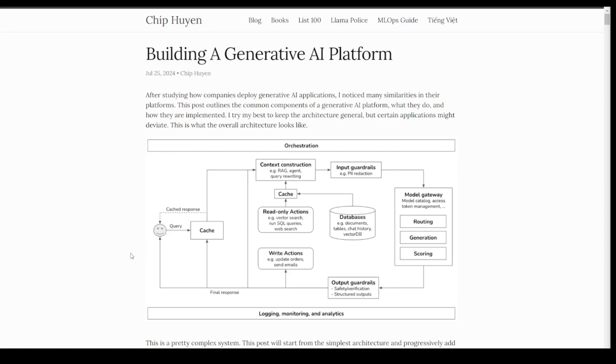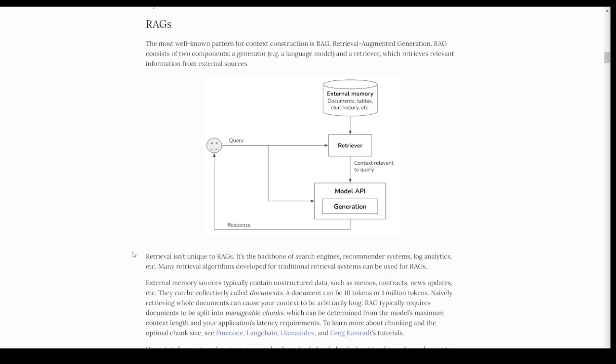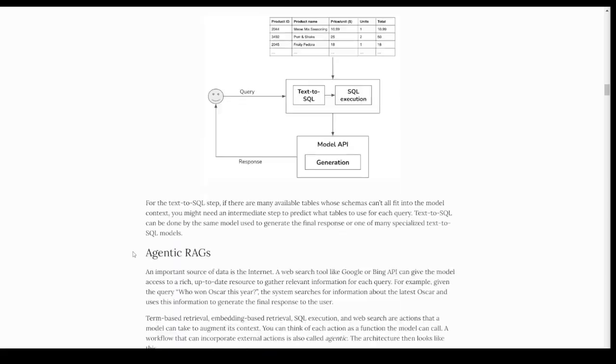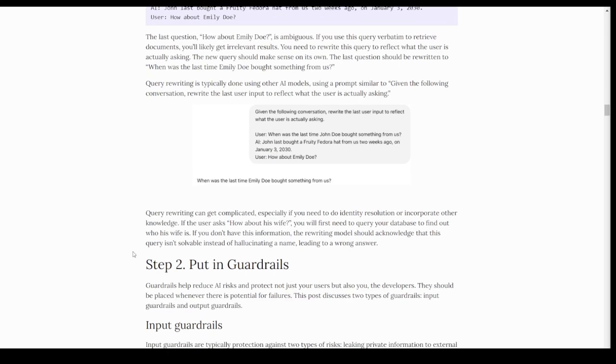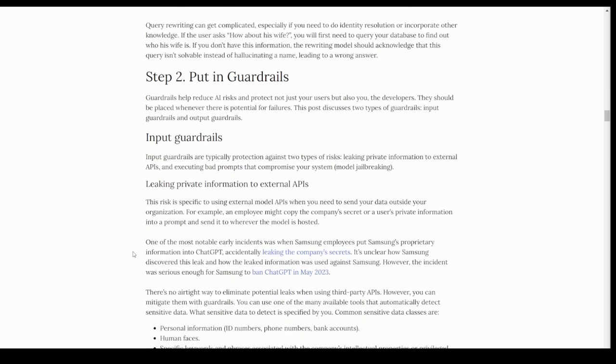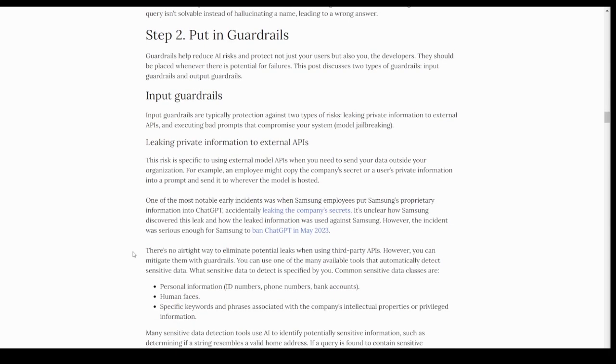So in this particular session, let's dive deeper and continue from there. The second step in our use case was putting in guardrails.